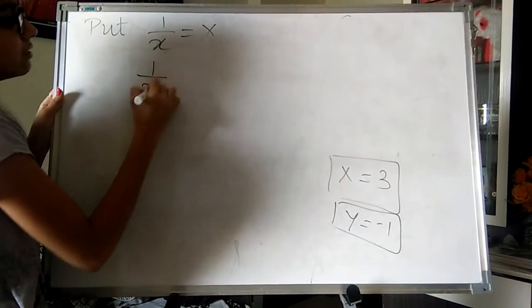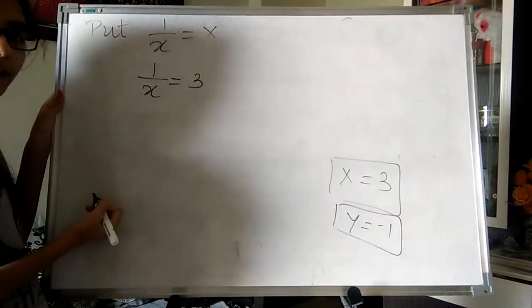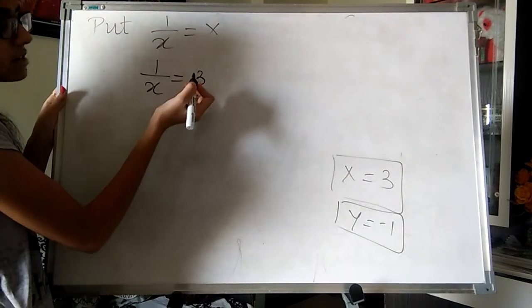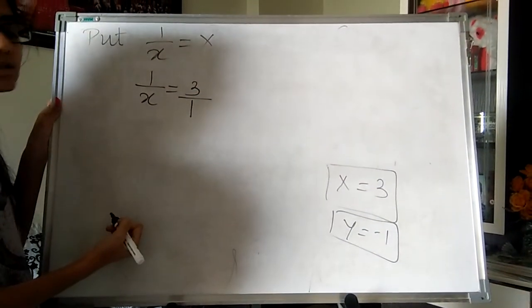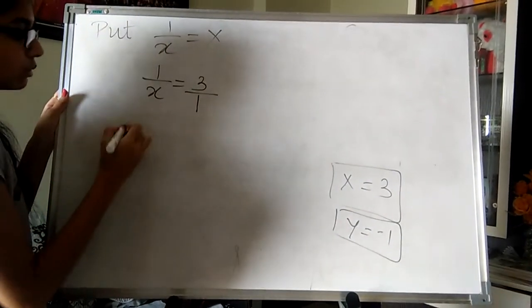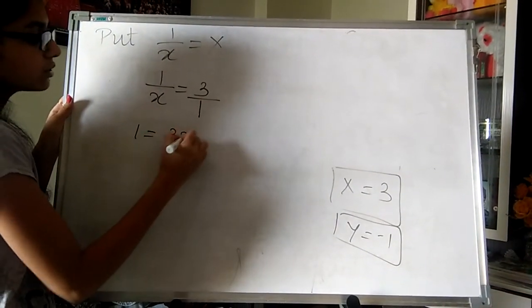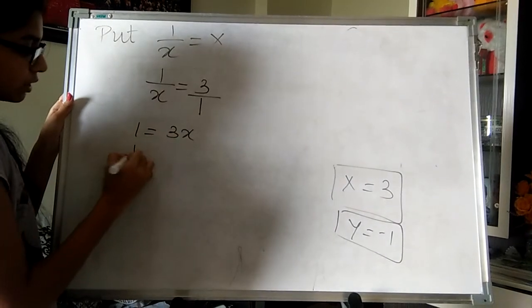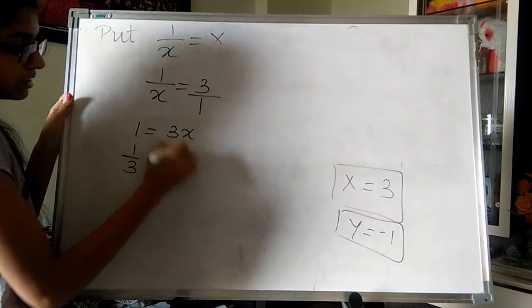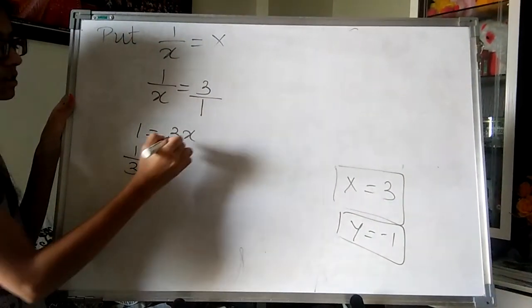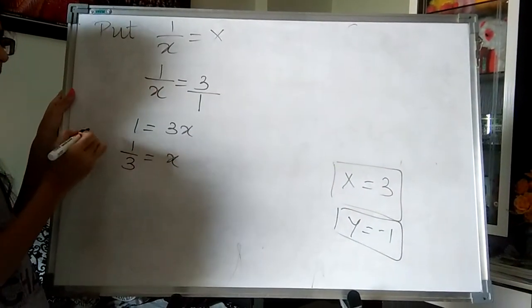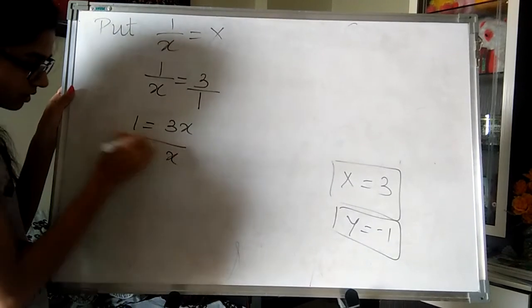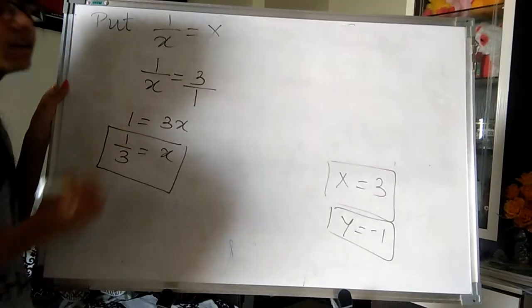So 1 upon x is equal to 3. Now 3 stands here for numerator. Nothing is there in denominator, implies it is 1. So cross multiplication, you will get 1 is equal to 3x. That is small x is equal to 1 upon 3. 3 is shifted in denominator because here it is multiplying by x. So shifting it on the left hand side, divide by 3. So your small x is 1 upon 3.